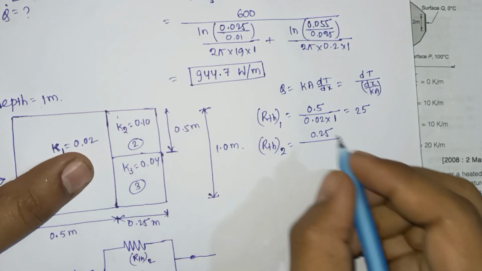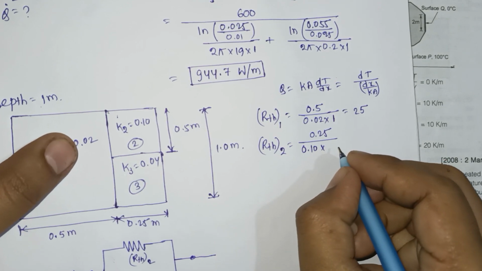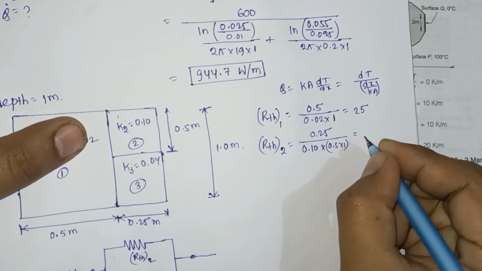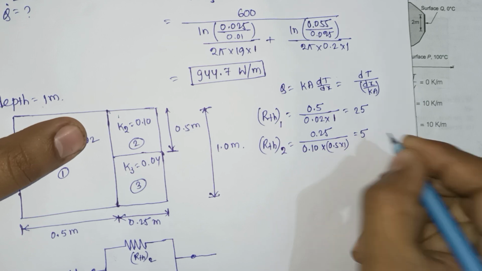that is 0.10 into a. What is that? That is 0.5 into 1. If you calculate that value, this is 5.